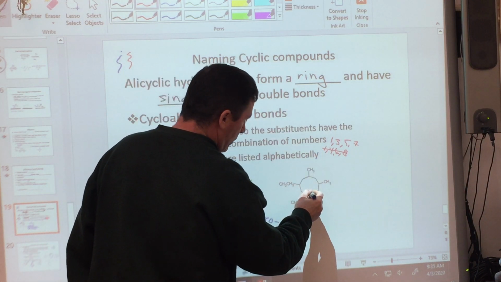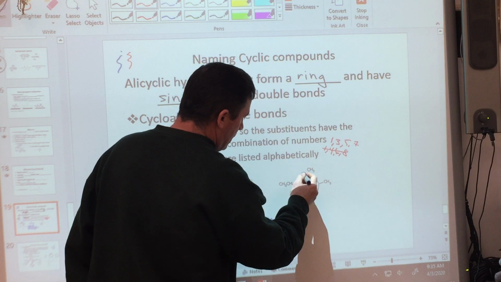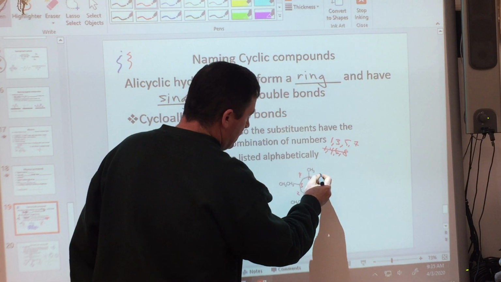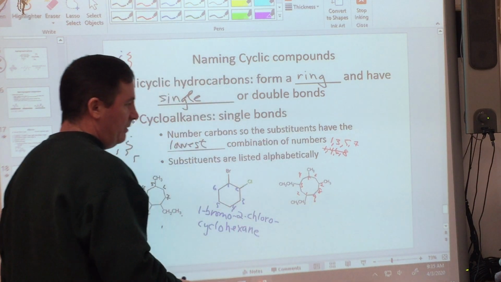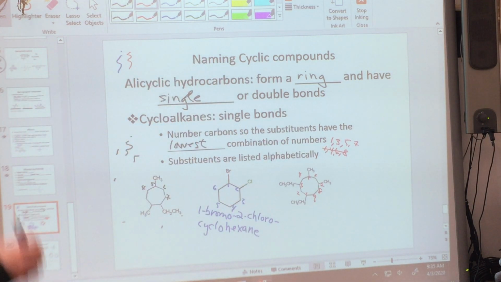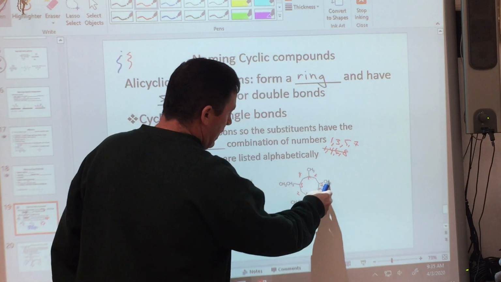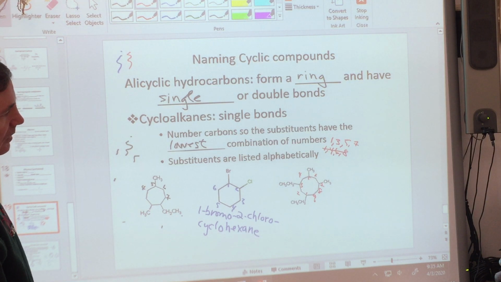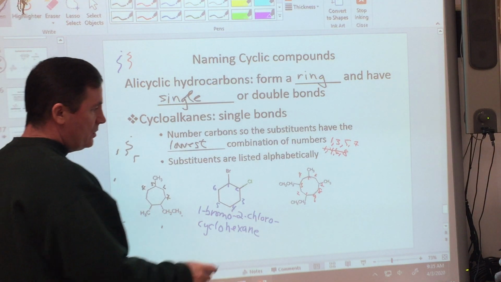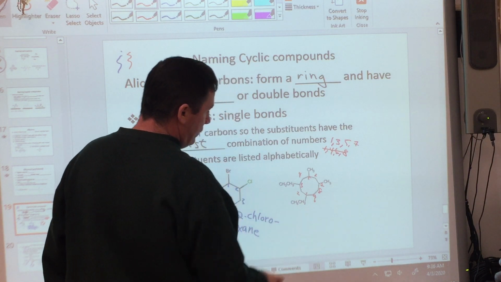I'm going to start with number 1, 2, 3, 4, 5, 6, 7, 8, and 9. Okay, so now my naming. What do I do with naming? I've got substituents that are ethyl and methyl. So I'm going to use alphabetical. So I've got these 2 ethyls.